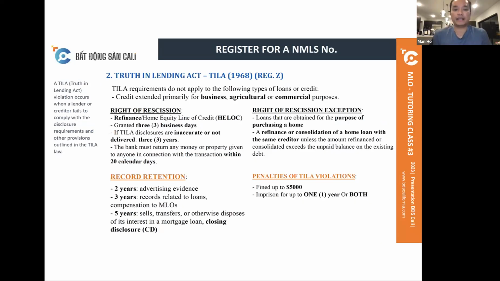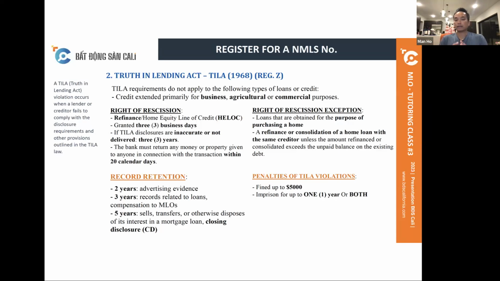So continuing on the Truth in Lending Act. TILA requirements do not apply to the following types of loans or credit. So remember, loans and credit. Okay, loans: car loan, property loan. Credit means you borrow: credit card, you have different kinds of credit, equity line of credit, whatever. Okay, so credit extended primarily for business, agriculture, or commercial purposes is not included.